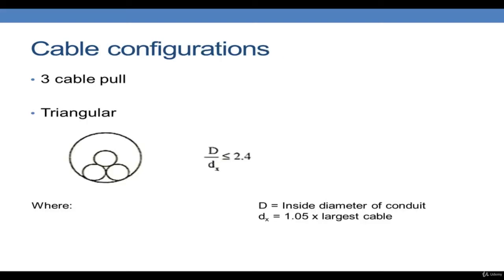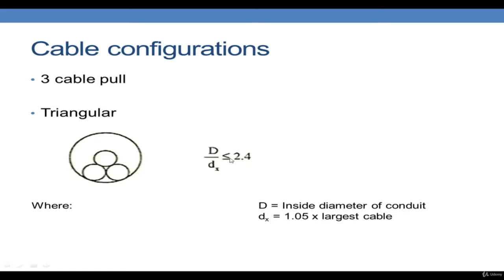And the cable configurations. For 3 cables, there are 2 configurations, the triangular and the cradle. The type of configuration selected will depend upon the percentage fill. The percentage fill, as shown here, is given by D over dx, where D is the inside diameter of the conduit and dx is 1.05 times the largest cable in the conduit.